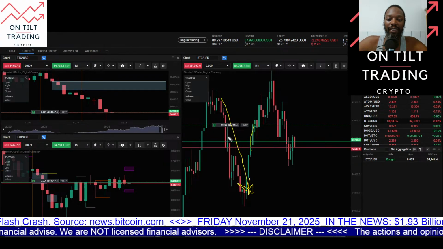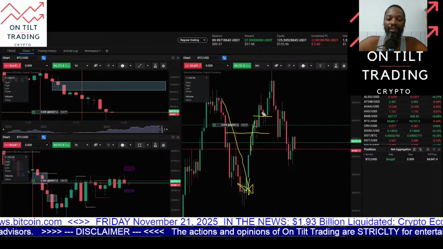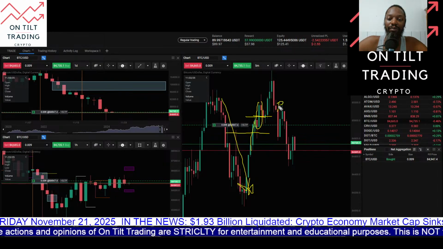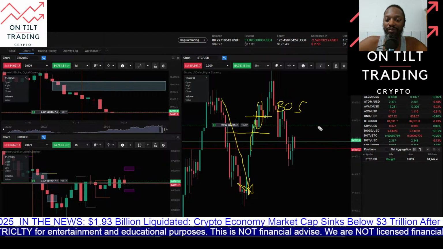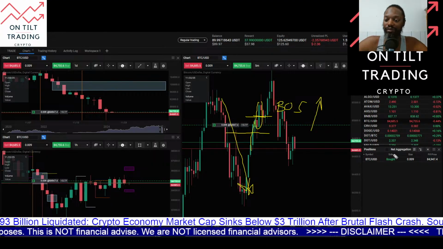So with this buy side delivery and this market structure shift, then you get this price action here with this candle closing above this candle, which would be a break of structure. So this would show a potential willingness for price to continue, or confirmation of a potential reversal.